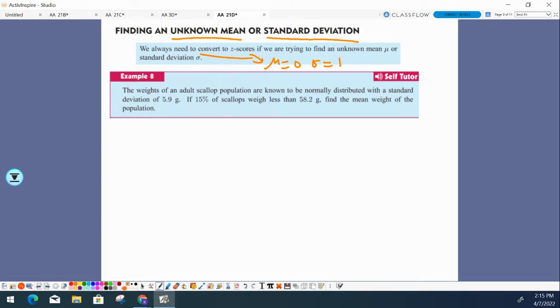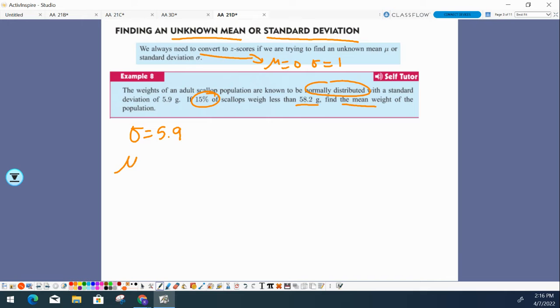All right, so if we look at example 8, the weights of an adult scallop population are known to be normally distributed with a standard deviation of 5.9. If 15% of the scallops weigh less than 58.2 grams, find the mean weight.